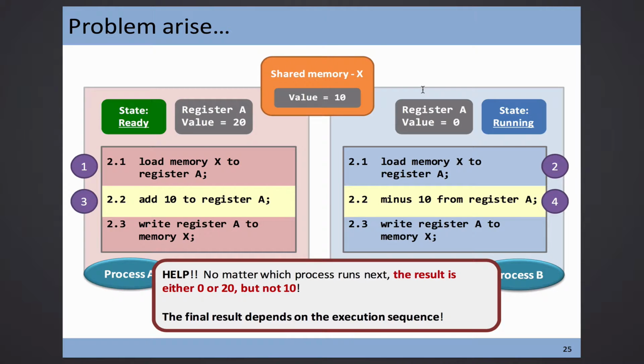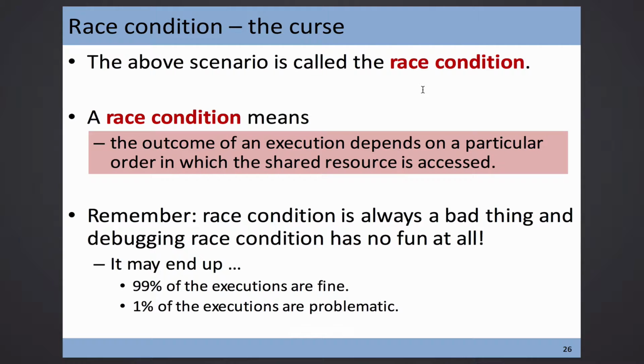I can tell you that usually 99% of the execution sequences will always be fine. So when you write your program in a controlled environment, with very little load and no real traffic coming in, then usually you will have normal execution 99% of the time, and the 1% of it is problematic. I experienced that.